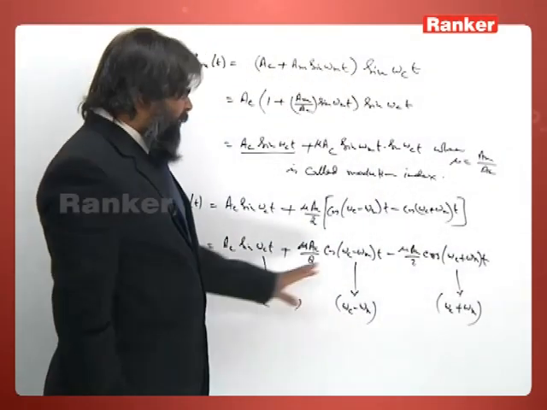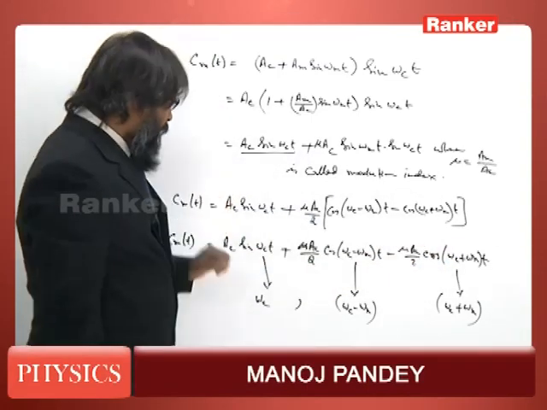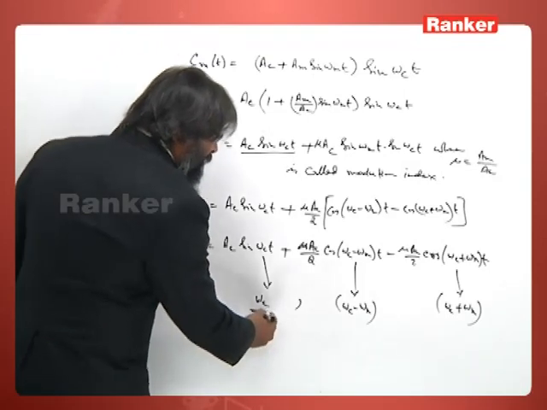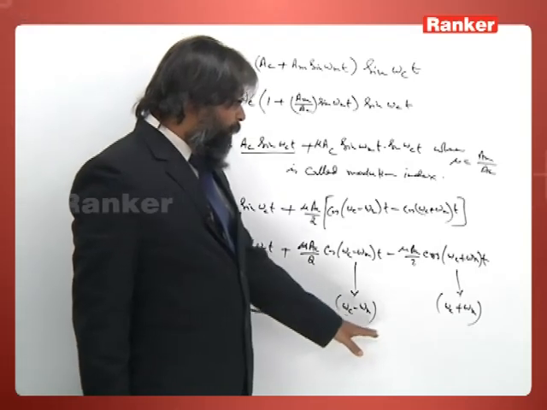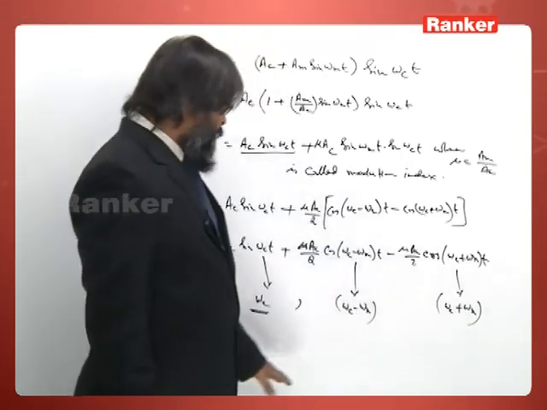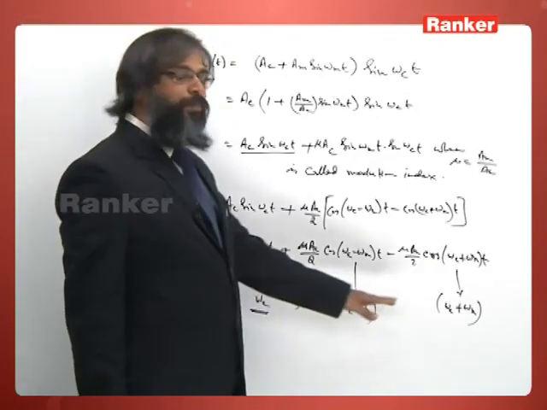So the modulated carrier wave, apart from the carrier frequency, contains 2 side bands. This is the lower band, this is the upper band. So 2 side bands will be there apart from the carrier.